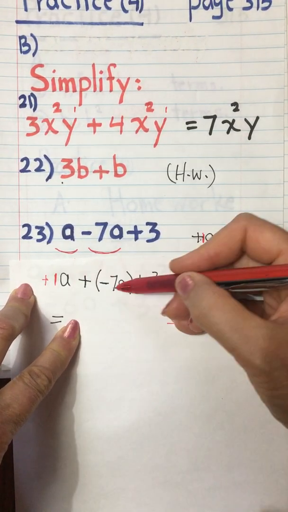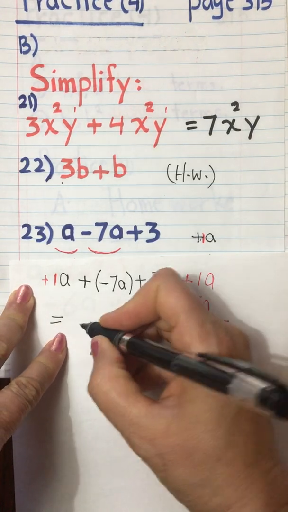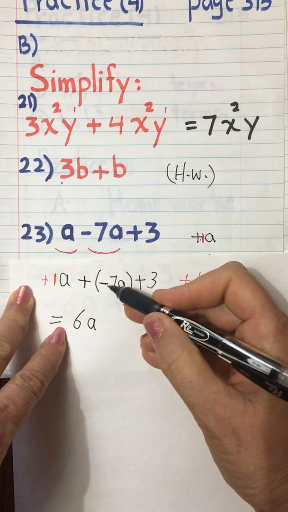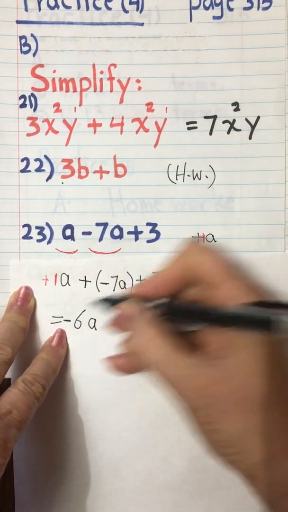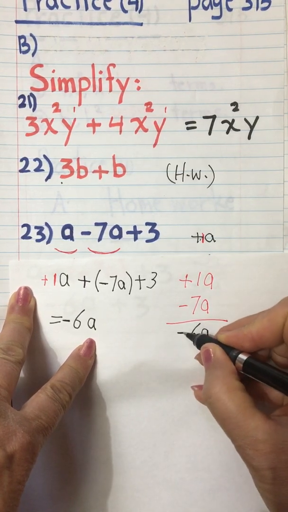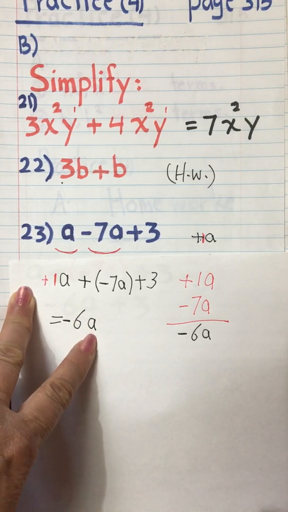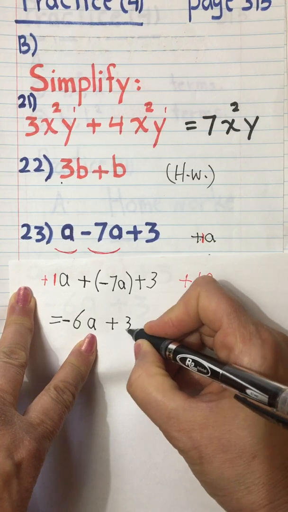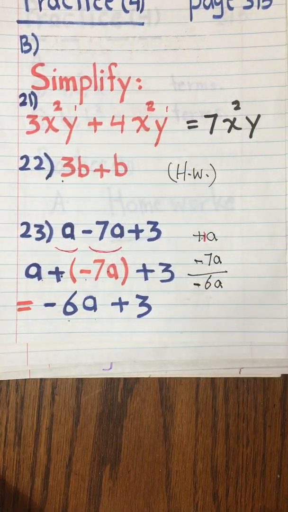So different signs, subtract. 7 minus 1, 6a. And the sign for the large number is negative. So I'm going to subtract 6a and put the sign for the large number. And don't forget, guys, plus 3. So we're going to put plus 3 down. So the answer is negative 6a plus 3.